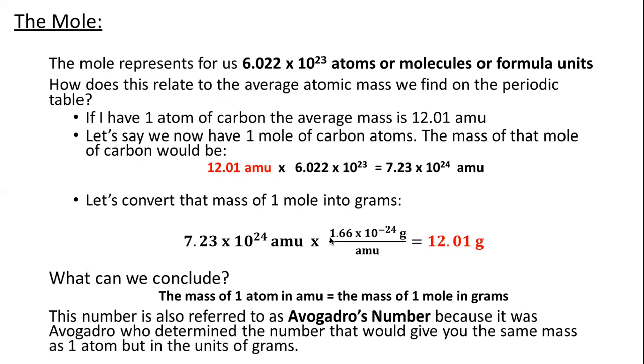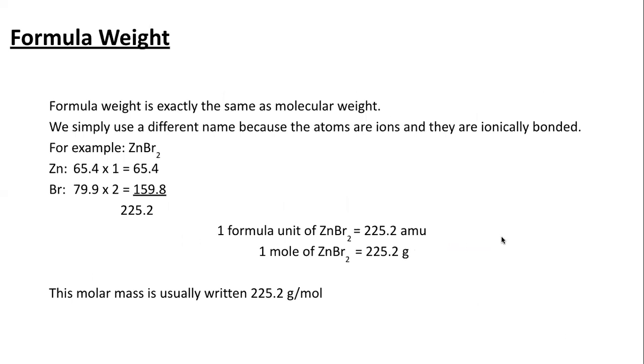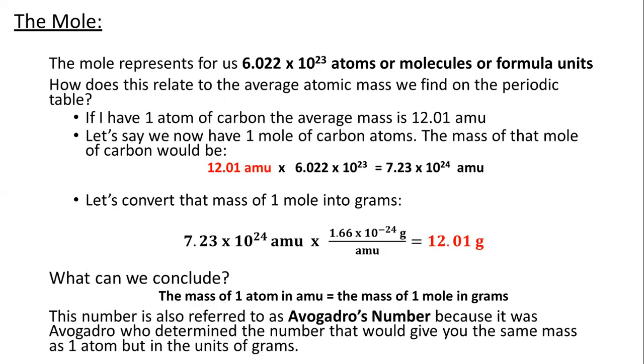So all this is telling us is that we can say 1 mole of an atom is equal to that atomic mass, 12.01 grams. It's on the periodic table. So we come up with a new conversion factor, which is that 1 mole equals whatever this atomic mass, this gram value is, for that atom.